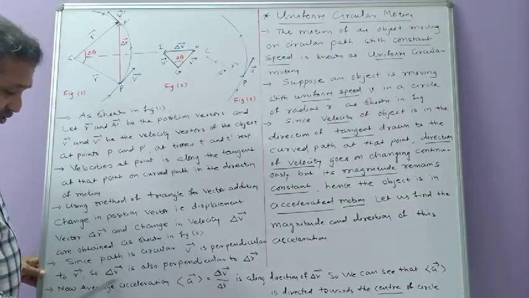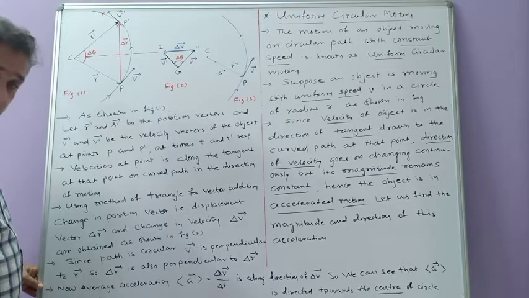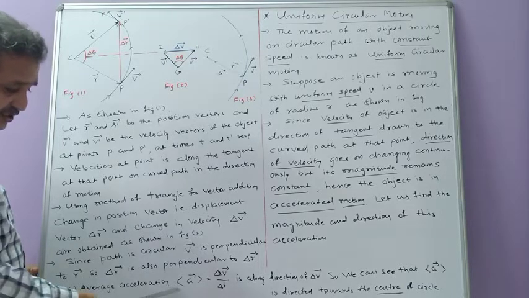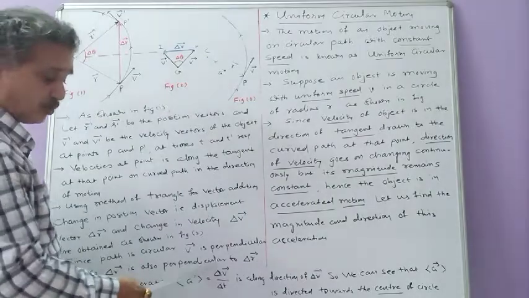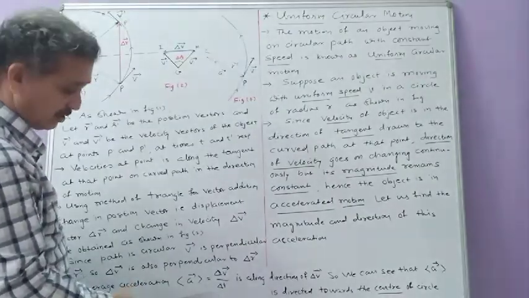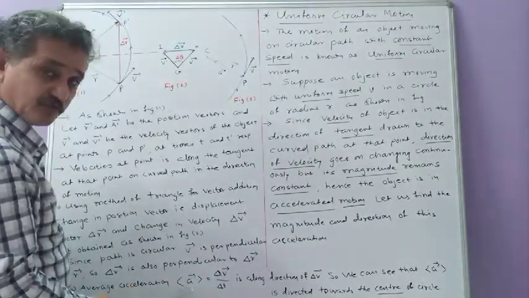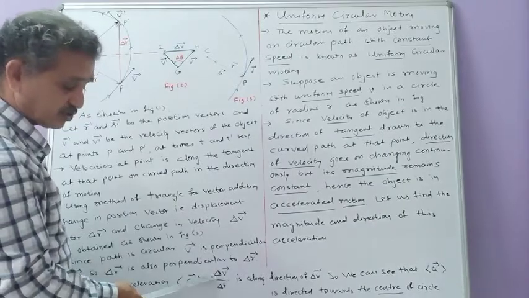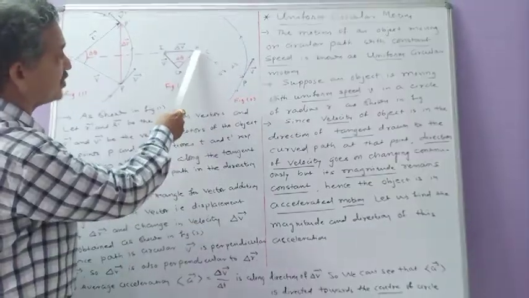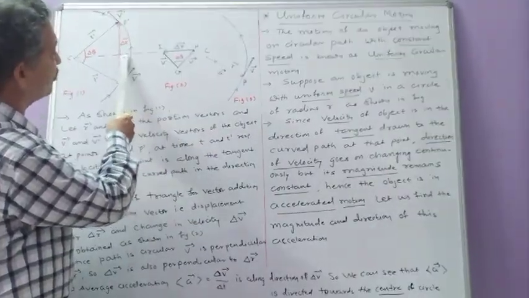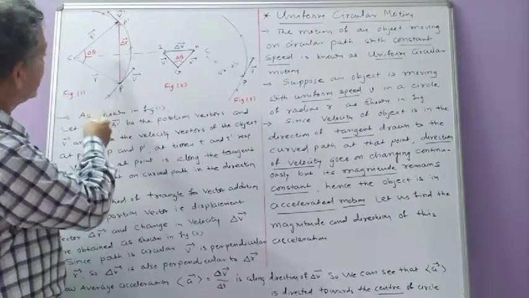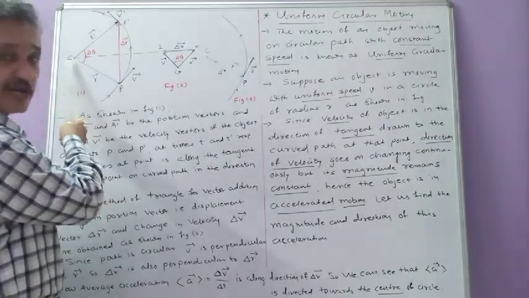And from the direction of delta V, we can determine the direction of average acceleration. Average acceleration, average A equals, as we know, delta V by delta T. So this average acceleration is in which direction? It is in the direction of delta V. Delta V is in which direction? It is in a direction perpendicular to delta R, and it is going towards the center of the circle.